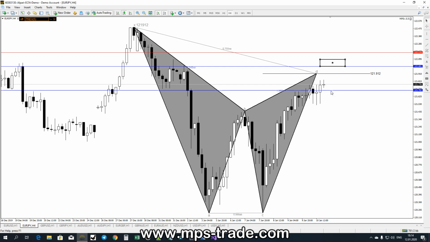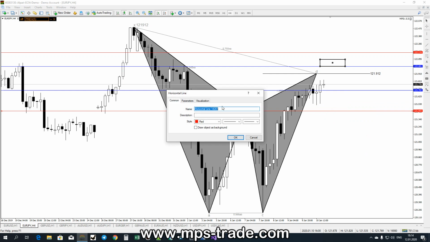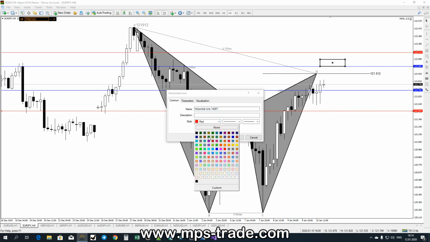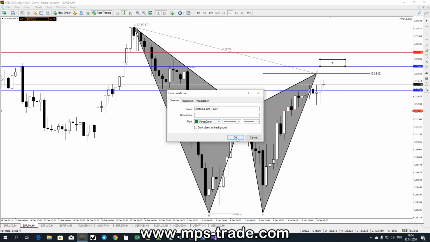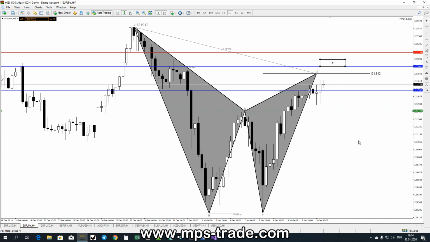And what is the level below that? The level of the B point. And let me turn it green, forest green or whatever. This will be our target.